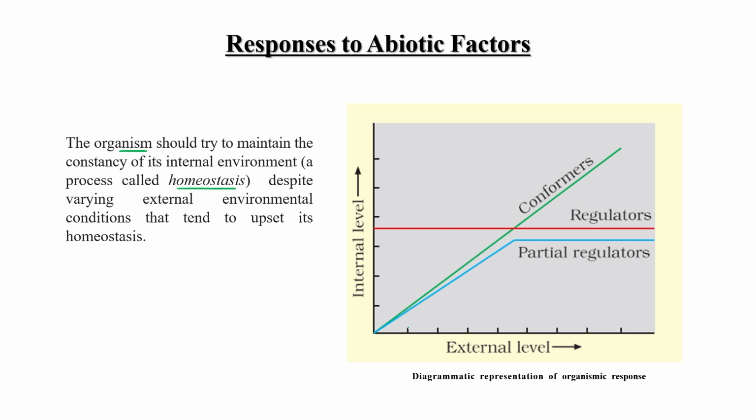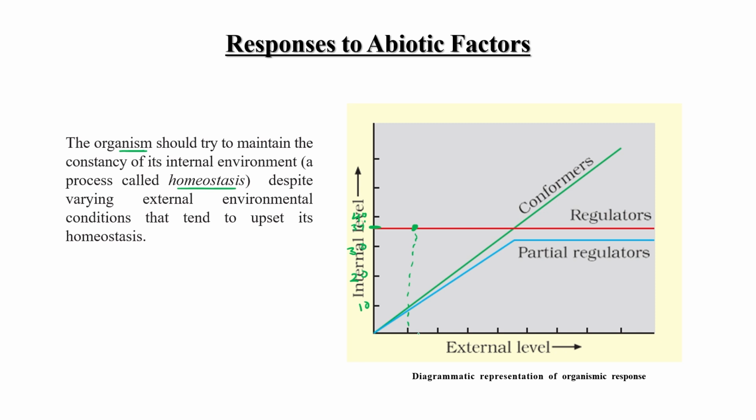So whether the temperature is 10, our body temperature is the same at this level. Okay, means if this is 10, 20, 30, or this is 40, this is about 37.